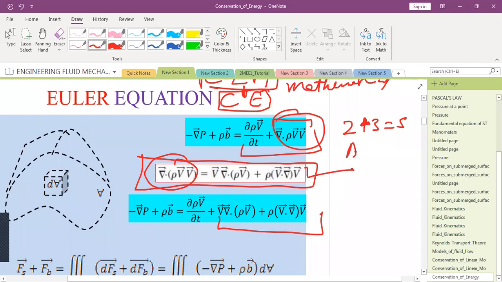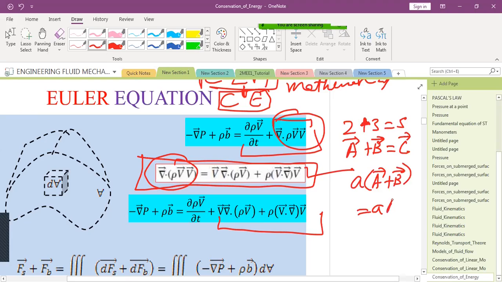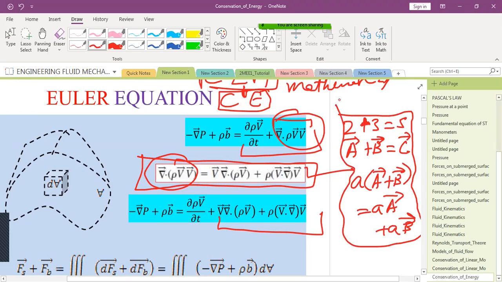If I say a plus b is equal to some vector c, or if I say a into a plus b, you know that this is equal to a times a plus a times b. So these are certain rules which we have devised ourselves. These are pre-agreed upon rules.